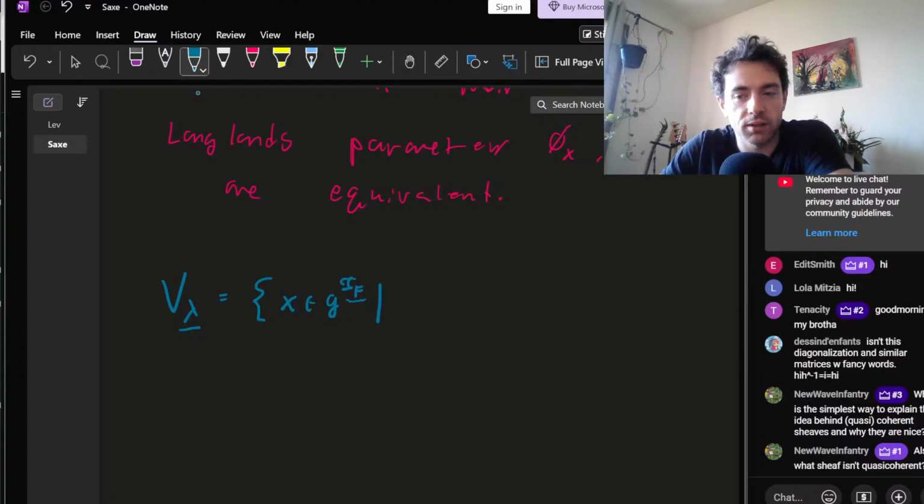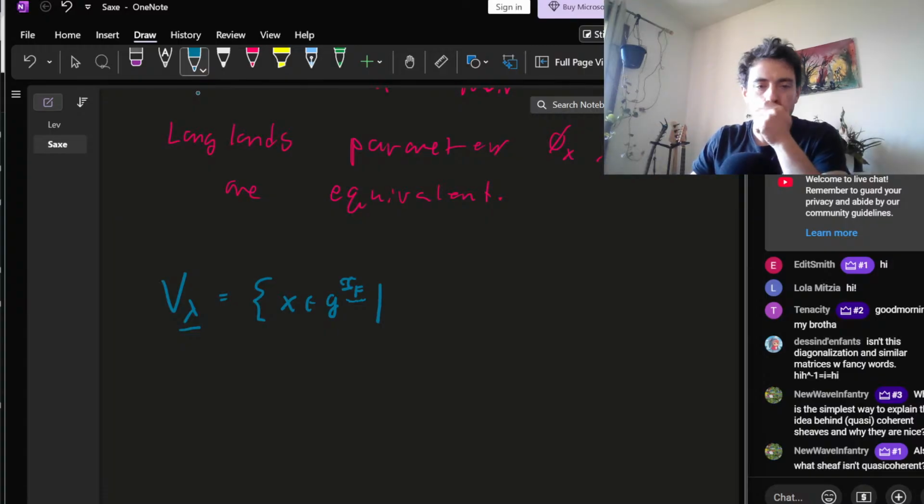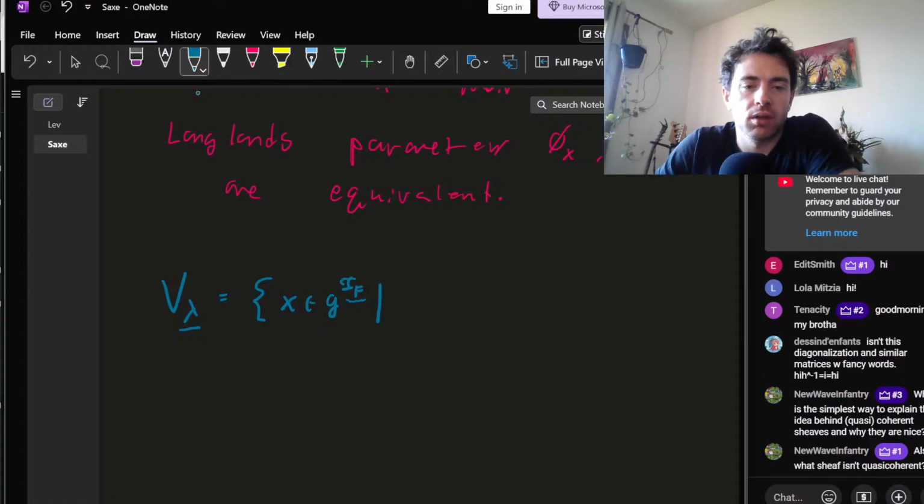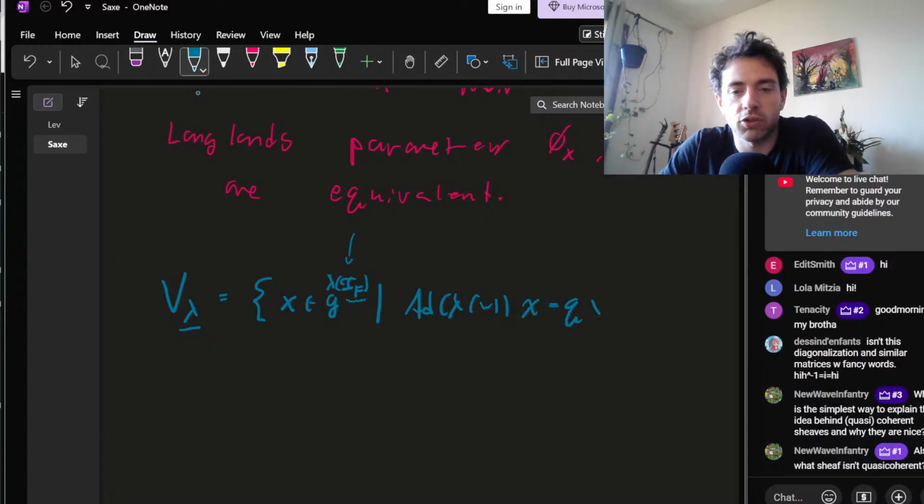You have to look at the points that are fixed by the image of everything in the inertia subgroup, and then after you do that, you look at the ad lambda, the Q eigenspace of this.